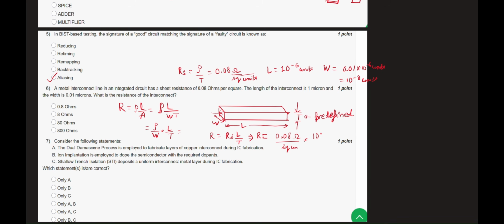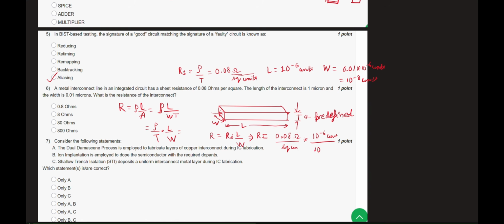The L value was 10 to the power minus 6 units, and this T value, the thickness was, sorry, I made a mistake here. Let me correct it. This rho upon t value was defined as Rs, and this is W actually.